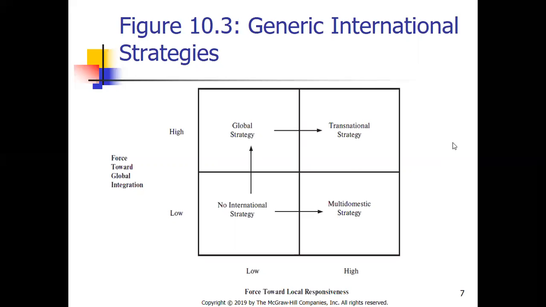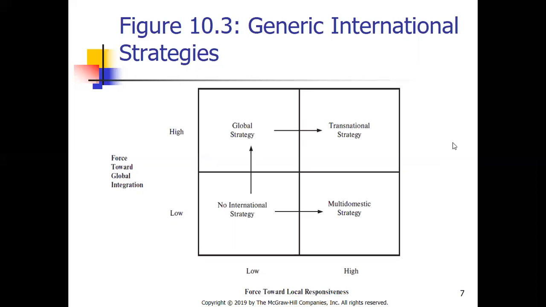So for the global strategy, global integration is high, and local responsiveness is low because you are going outside of the countries, and you are going big. Basically global strategy is one large market that can be approached in a homogeneous way, so it's still integrated across country.